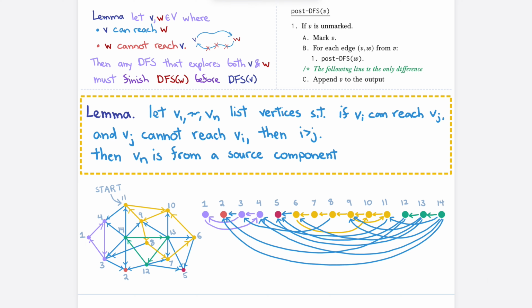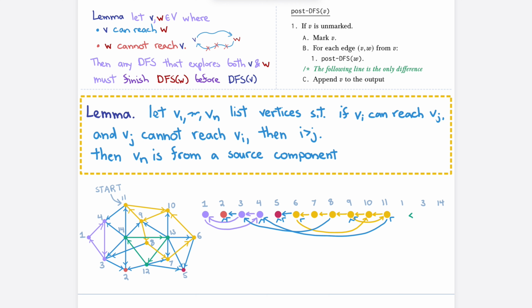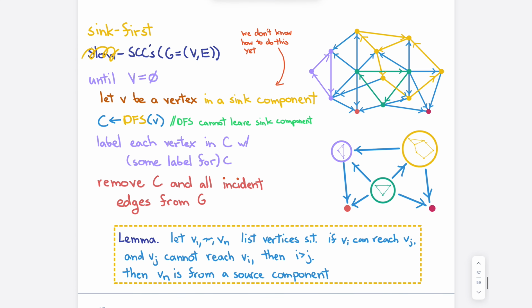We're just going to reverse the edges, then do a post-order DFS on the reverse graph. And now things in the sink component of your original graph, the source component of your reverse graph, are going to appear at the end. Another nice thing is that once you erase some of this stuff, you'll still have a post-order DFS of the remaining graph. So you only have to do this once, and then you can just peel off.